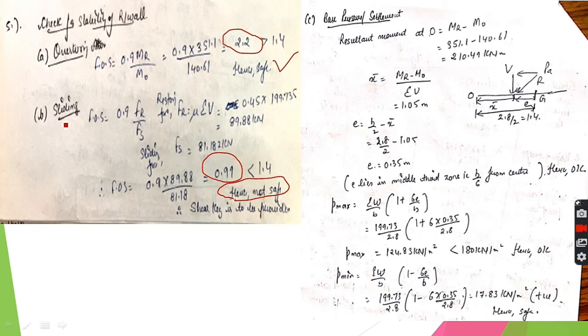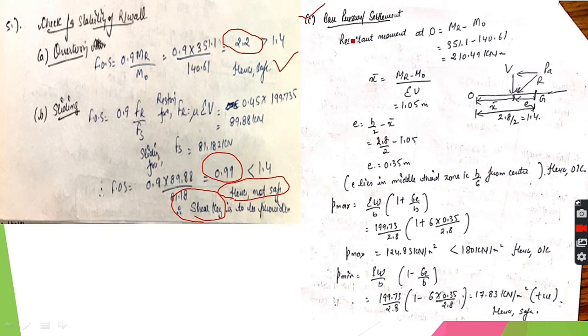When the sliding factor of safety is coming out to be less, you don't need to revise your dimensions, you just need to add another component to your retaining wall, that is the shear key. Shear key design has also been explained to you in the previous lecture. So remember this, at the end of this question we will have to decide the shear key also, its dimensions.